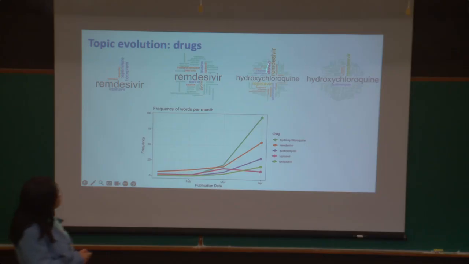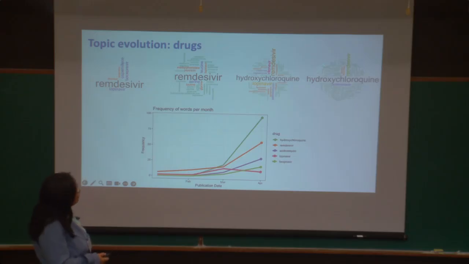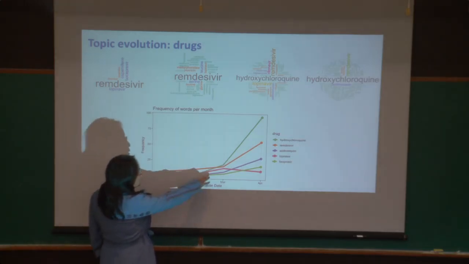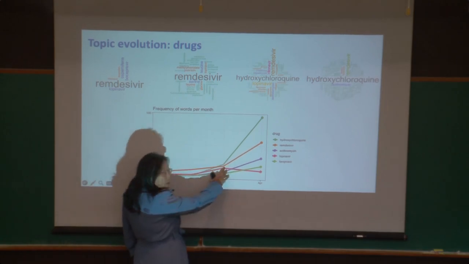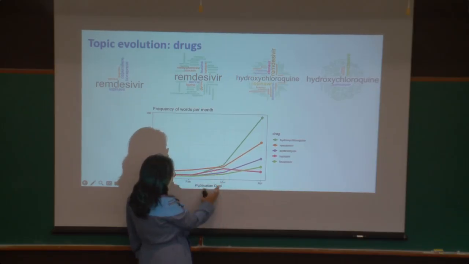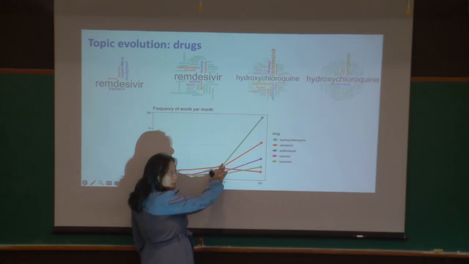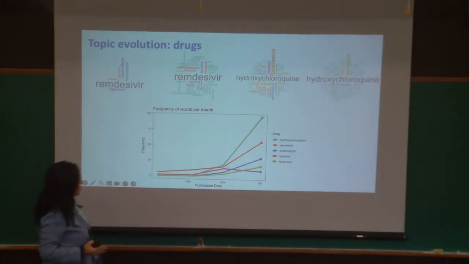The interesting thing here is hydroxychloroquine. If you look at this plot, the green one, at the beginning the research on this drug is not that much, but suddenly after March it increases explosively, exponentially.